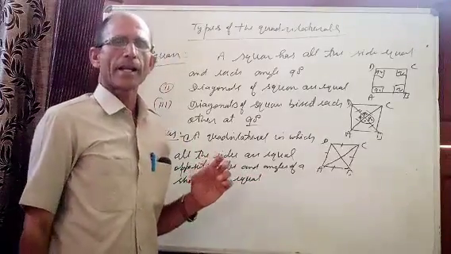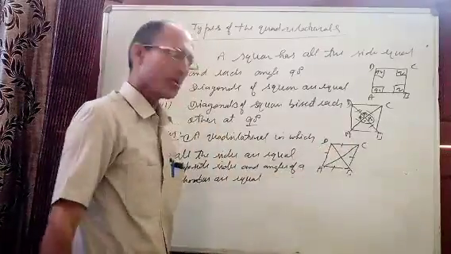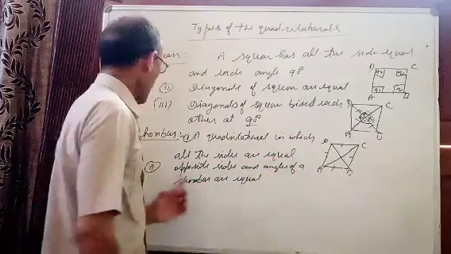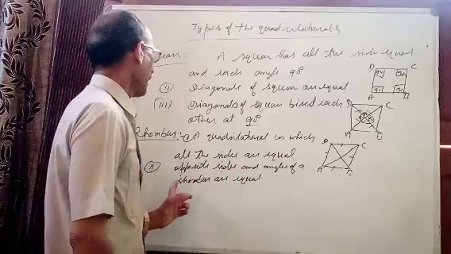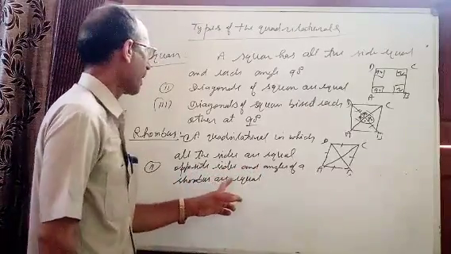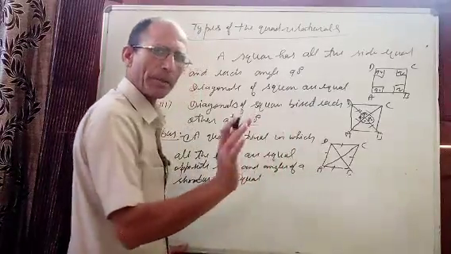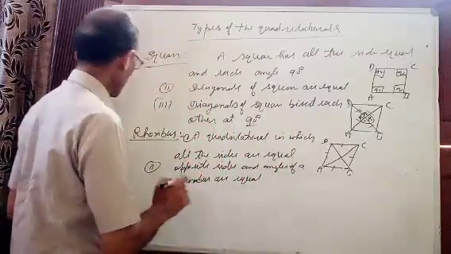So opposite sides will also be parallel. Opposite sides and angles of a rhombus are equal and parallel. Or rather, equal sides will be parallel, angles will be equal.